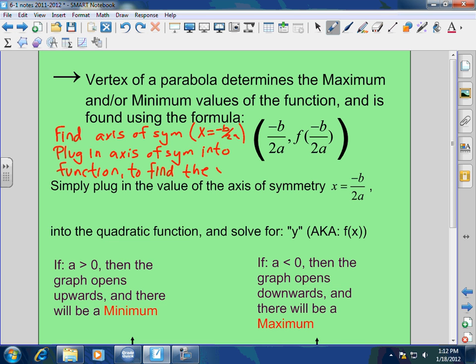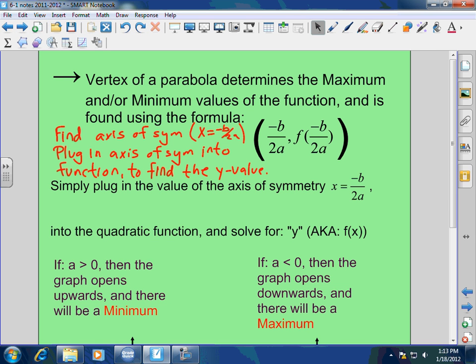Once I find my axis of symmetry with negative b over 2a, I plug that into the equation. Now I know what my y value is going to be for that particular x value, and now I have my max or min.